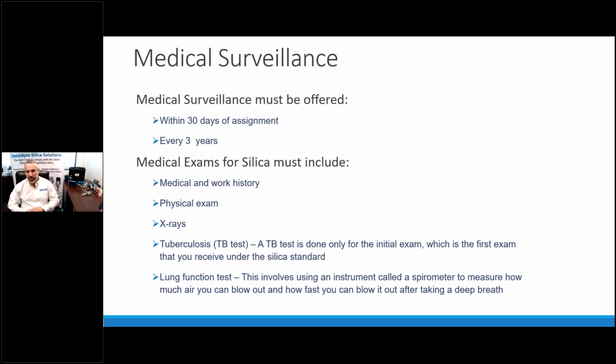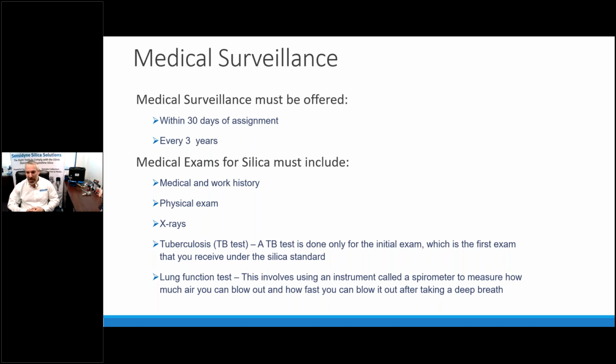Medical exams for silica must include a medical and work history evaluation, a physical exam, an x-ray, a tuberculosis test, because those who have exposure to silica as well as tuberculosis have a much higher likelihood of progression of the disease as well as death. And then a lung function test.